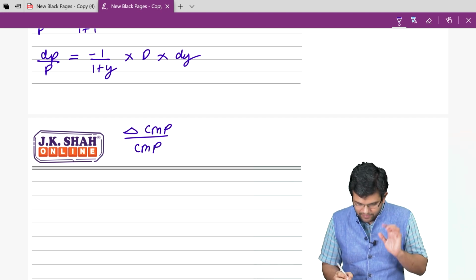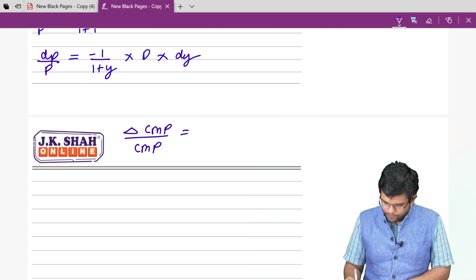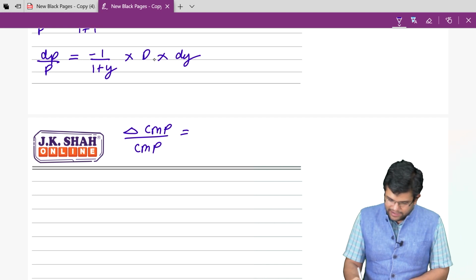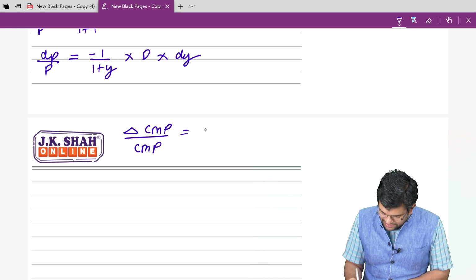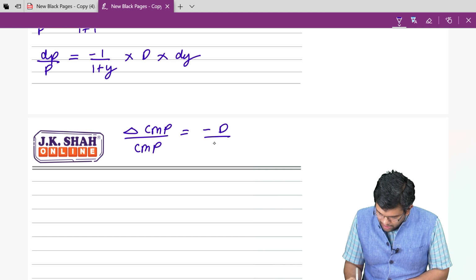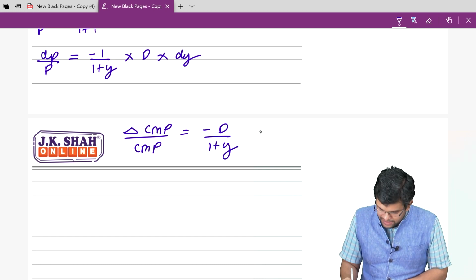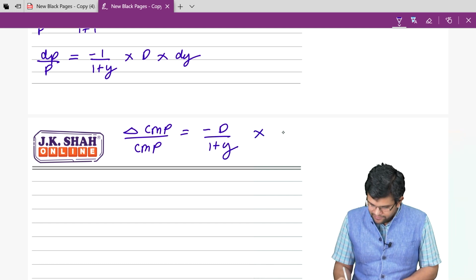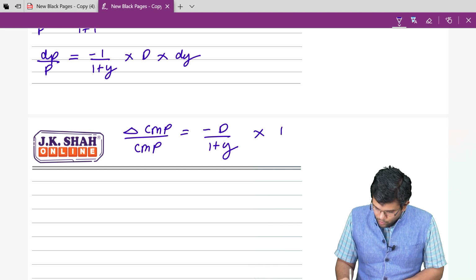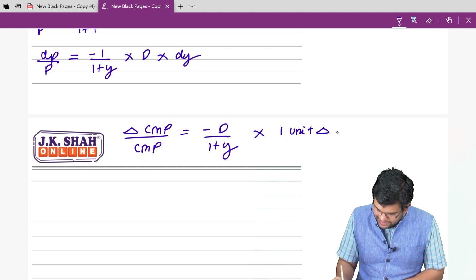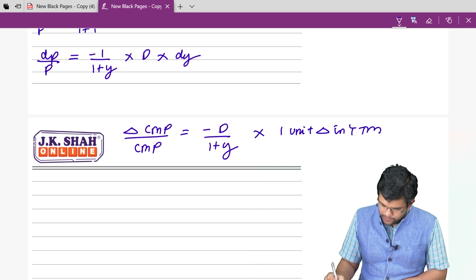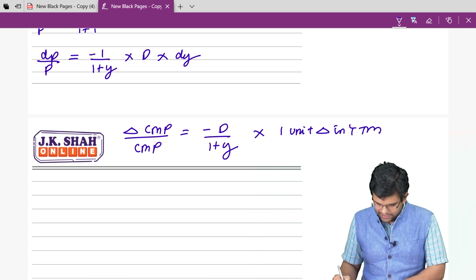P is nothing but CMP, is equal to minus 1 into d, which can be written as minus d upon 1 plus y multiplied by dy. Children, dy refers to 1 unit delta in YTM. I hope you remember, right?